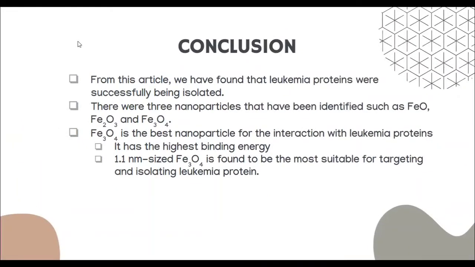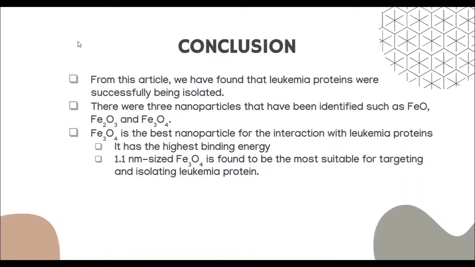Okay, so for the conclusion, from this article, we have found that leukemia protein was successfully isolated. There were 3 nanoparticles identified, such as iron 2 oxide, iron 3 oxide, and iron 2 3 oxide.